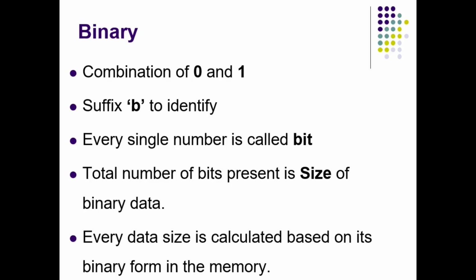Every data size is calculated based on its binary form in the memory. It may be text, an image, or a video. When it finally gets converted into binary, the total number of bits in that is nothing but the size of that data. For example, here I have a binary number.